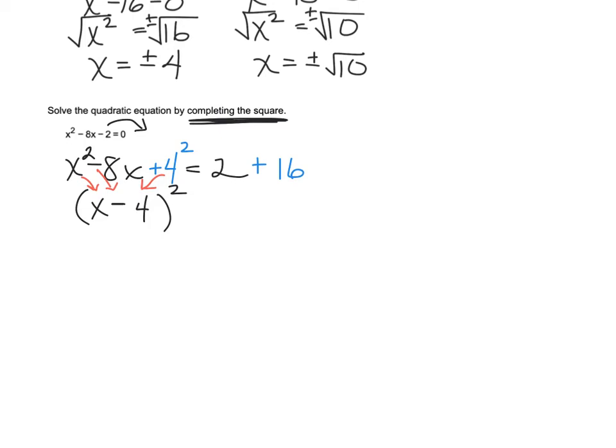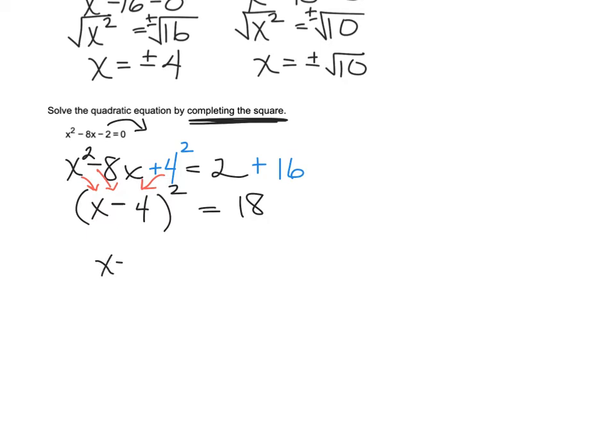So that's how it factors. And that leaves us 18 on that side. Okay, that's completing the square. We created a perfect square on the left side, and then we turned right back around and factored it into the form x minus 4 squared.